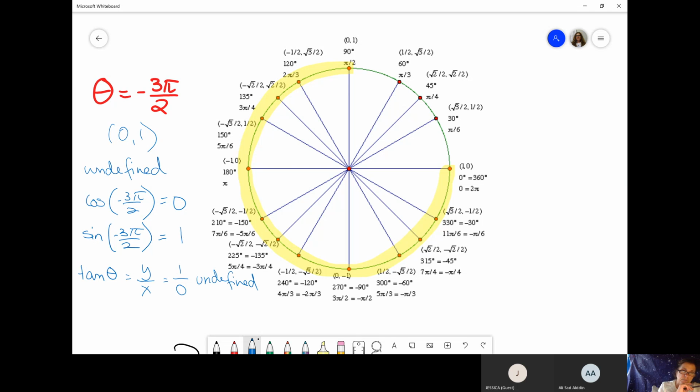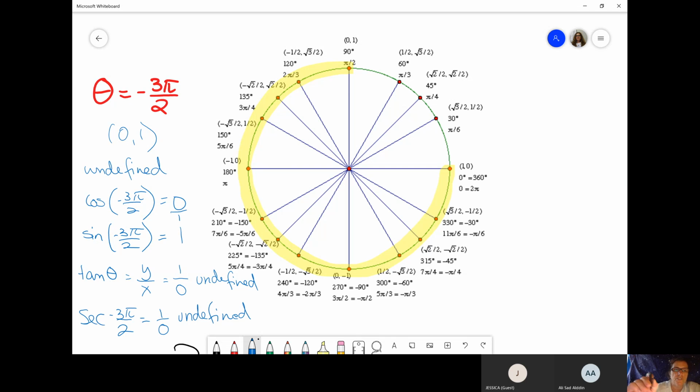And then the other one is, take a look at the cosine. The cosine has a value of 0, which is actually 0 over 1 if you want to make it a fraction. Therefore, the secant of -3 pi over 2 is the reciprocal of the cosine, which is 1 over 0, and that's also undefined.